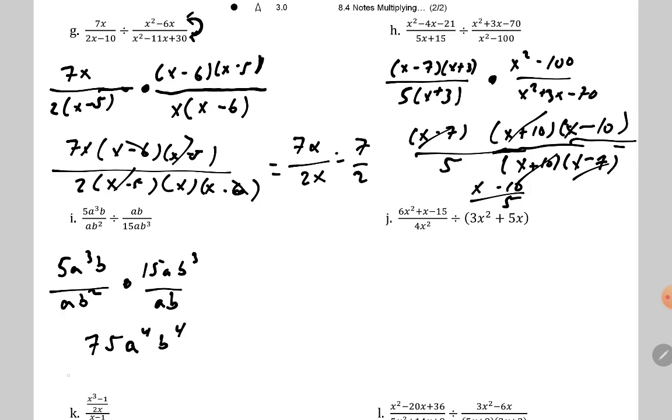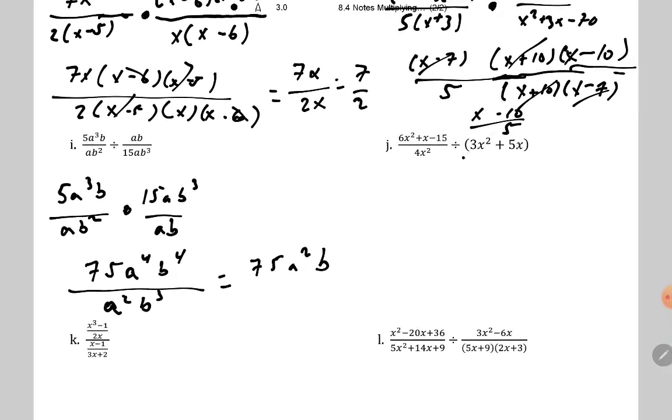And we have b to the 4th divided by a squared b cubed. A to the 4th divided by a squared is a to the 4 minus 2, which is a squared, and b. That's it. B to the 4th divided by b cubed is b to the 4 minus 3.